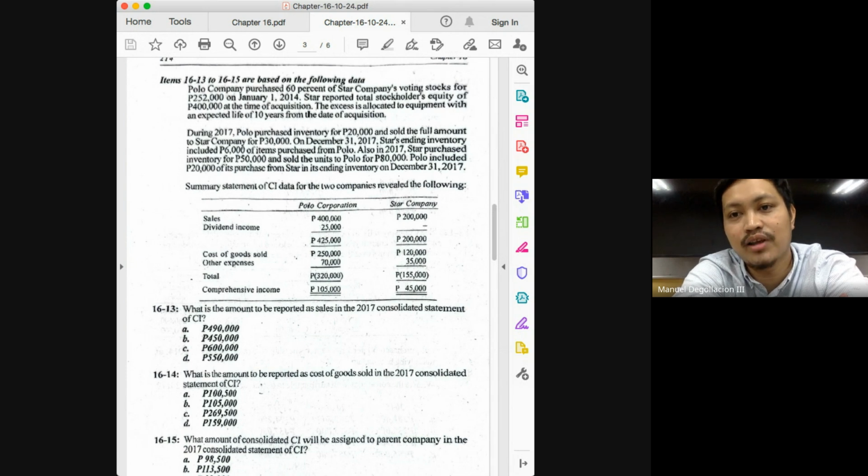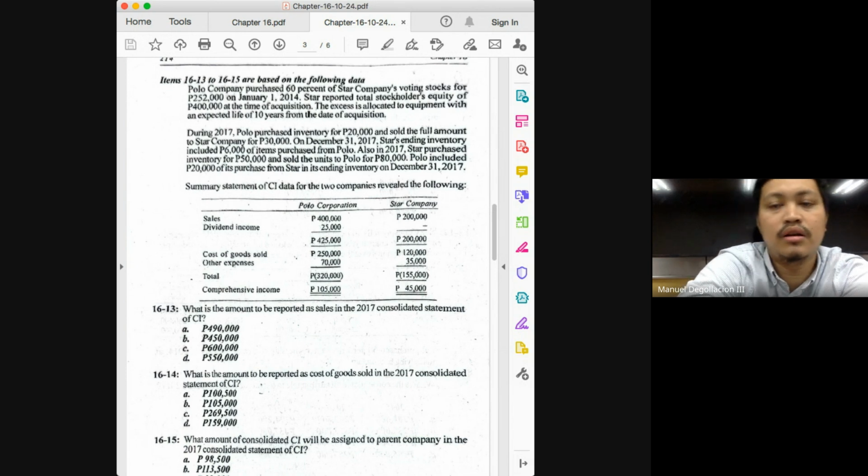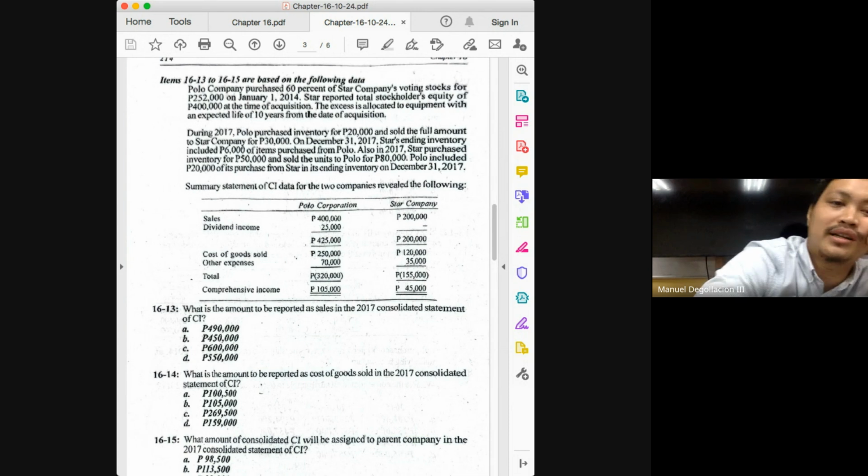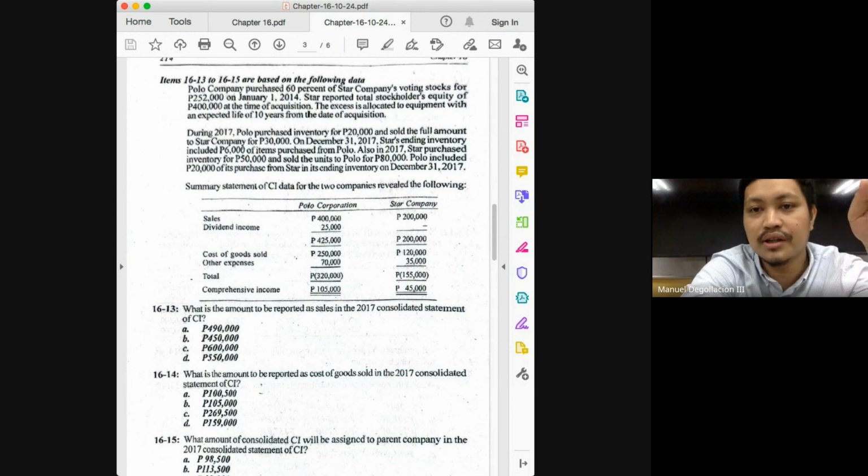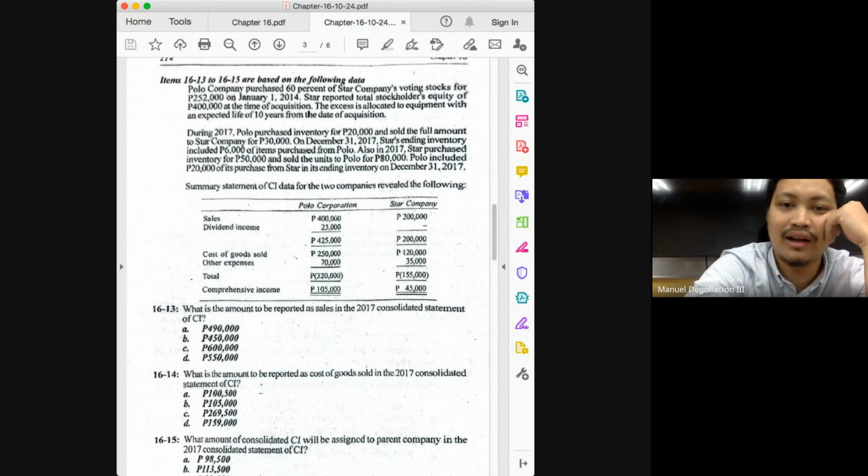Subsidiary. Okay, so perhaps this would be the most interesting problem we have encountered so far. Polo included 20,000 of its purchases from Star in its ending inventory. Okay. So all in all, how much was the intercompany transaction? 30,000 downstream and then 80,000 upstream, a total of 110.